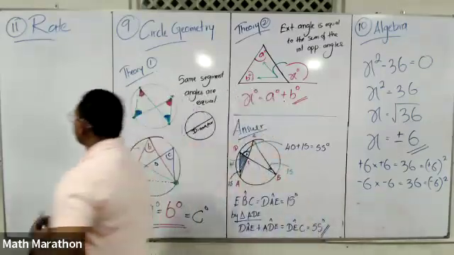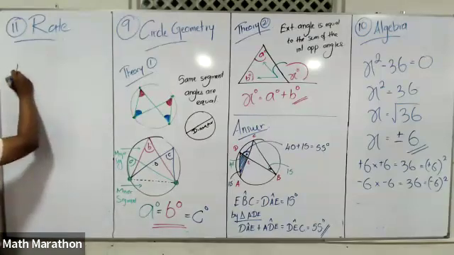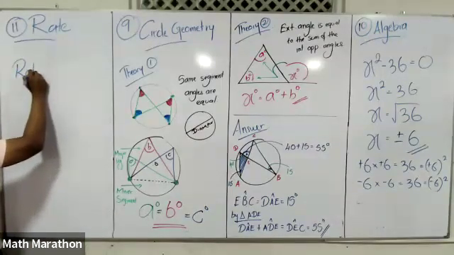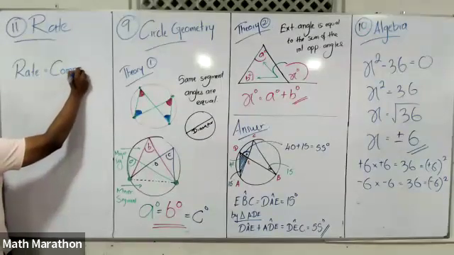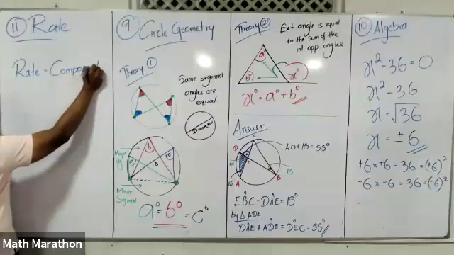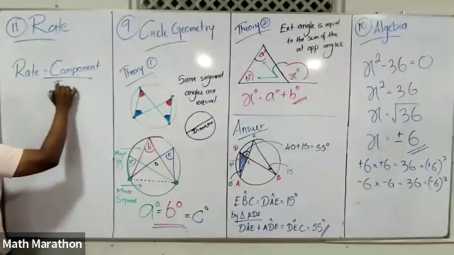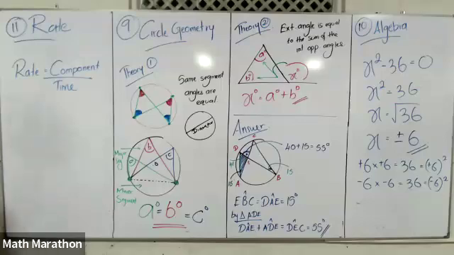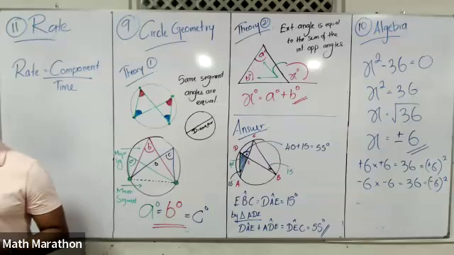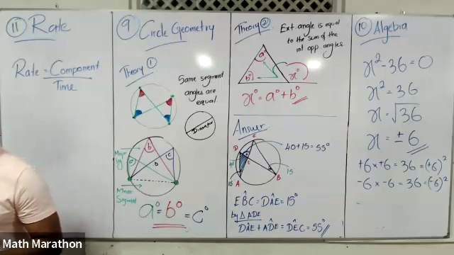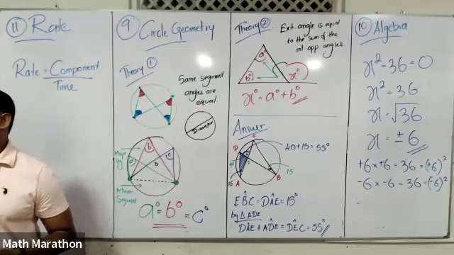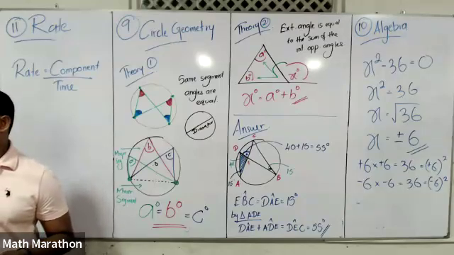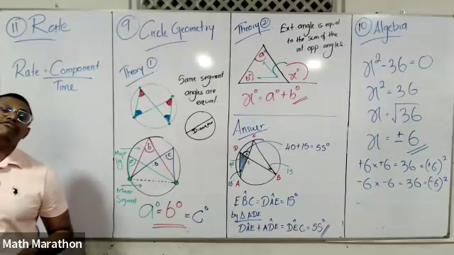So rate is any component divided by time. What is the rate they are asking here? It takes 18 minutes to completely fill a tank of capacity 480 liters with water using a pipe through which water flows at a uniform rate.